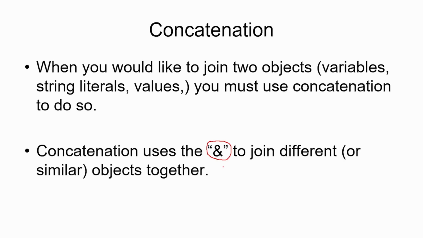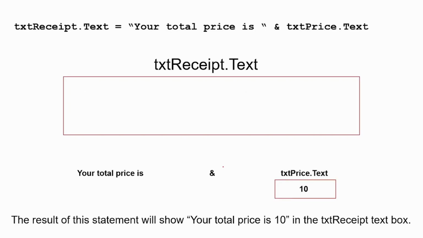Okay, so let's look at an example of what that looks like. Here's an example that looks fairly similar to what we've already seen, except now the value looks a little bit different. It's a much longer line of code. You've got object.property, txt_receipt.text equals, and remember it's a value or expression, and here we have a bit of an expression. You'll notice that we've got a string literal. How do we know that? Because we've got these quotation marks.